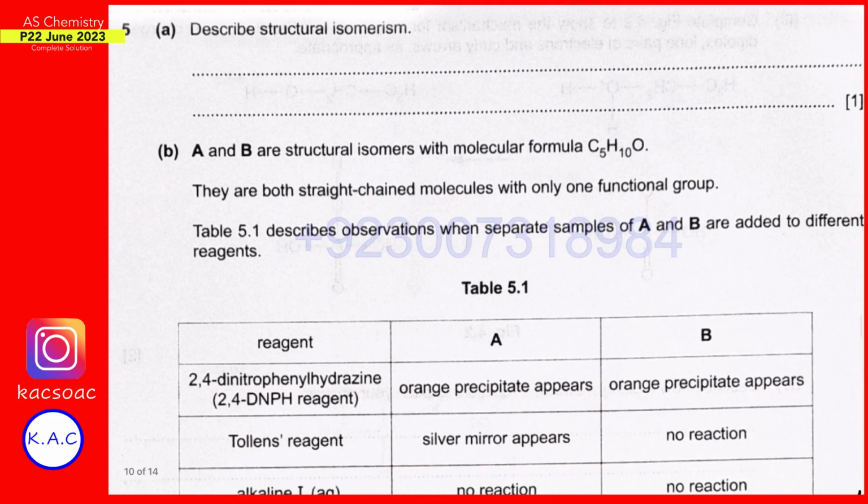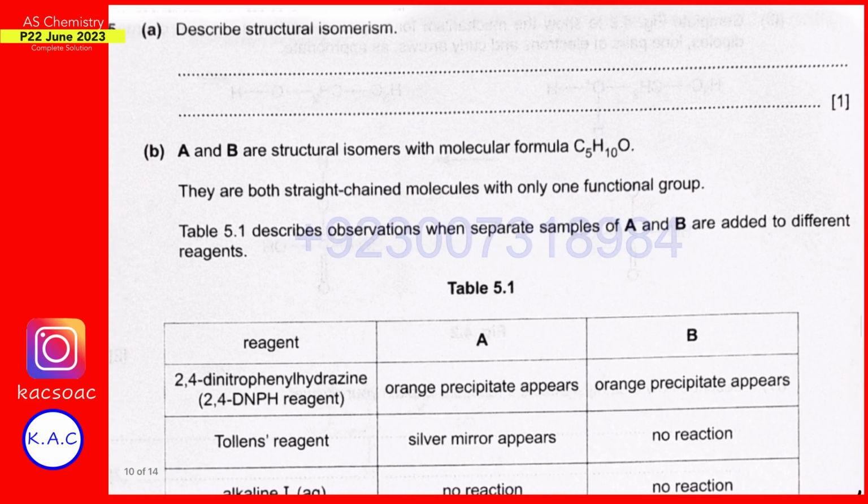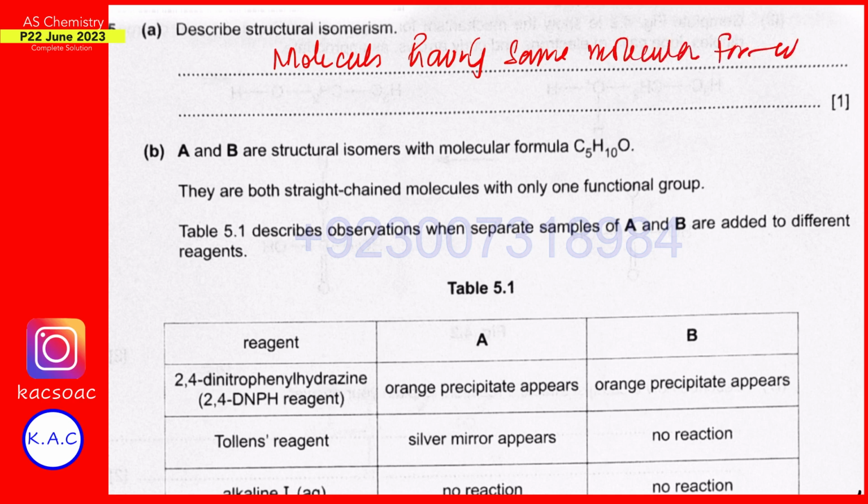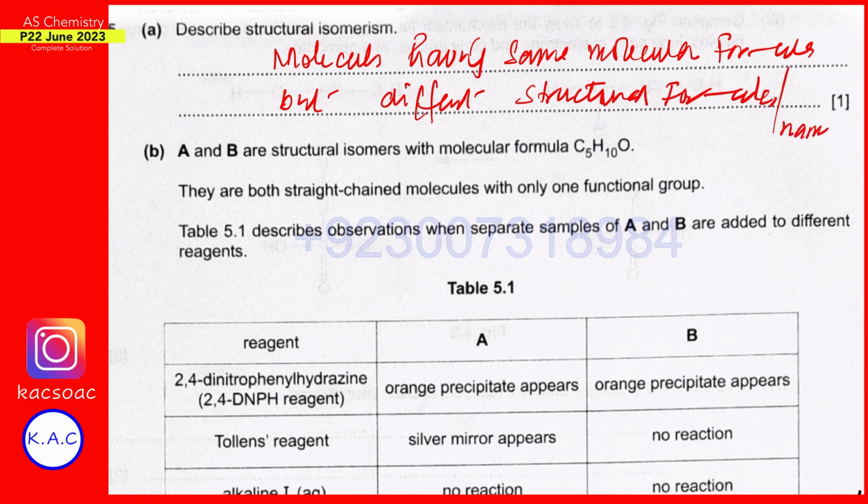Question number 5, describe structural isomerism. Molecules having the same molecular formula but different structural formula, different arrangement of the atoms, and different IUPAC names.